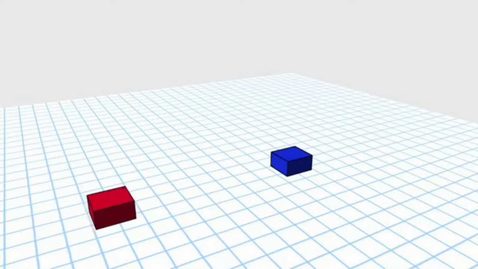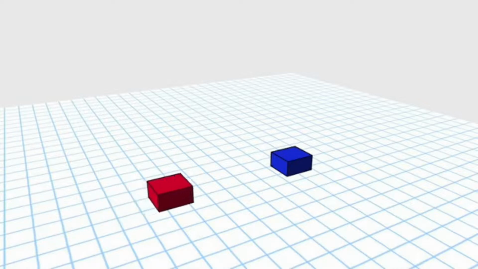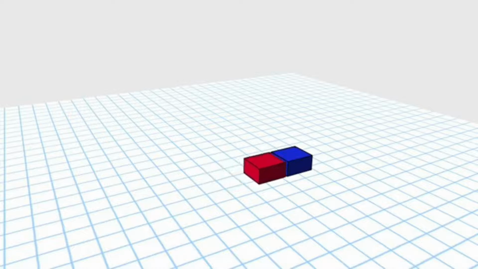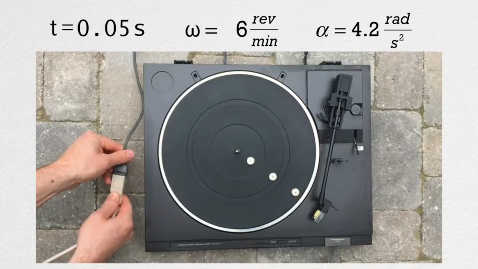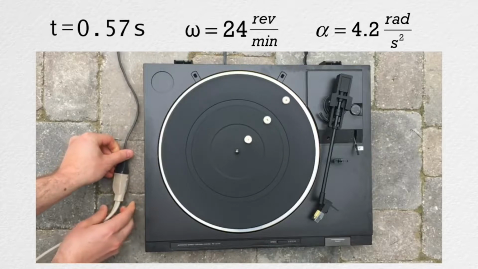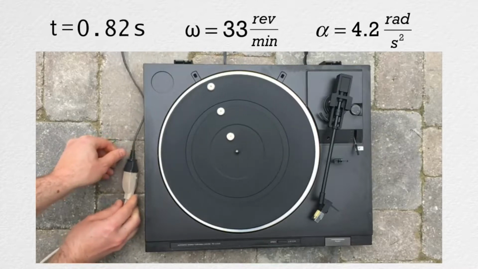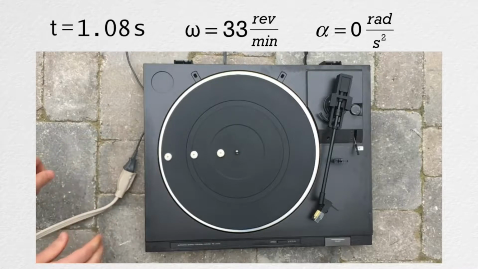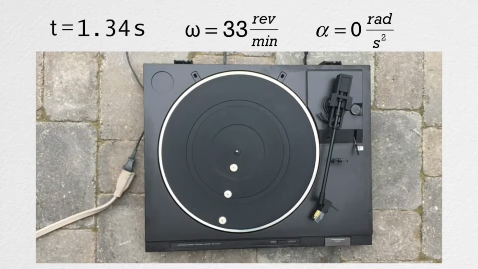Back in kinematics, we introduced another variable to describe motion: velocity, the rate of change of position, how fast something moves. As you probably guessed, in rotational dynamics, there is a quantity called angular velocity. It's the rate of change of angular position.